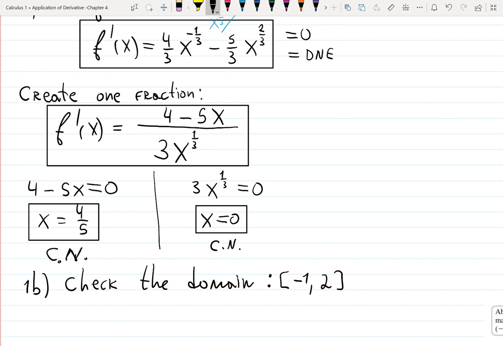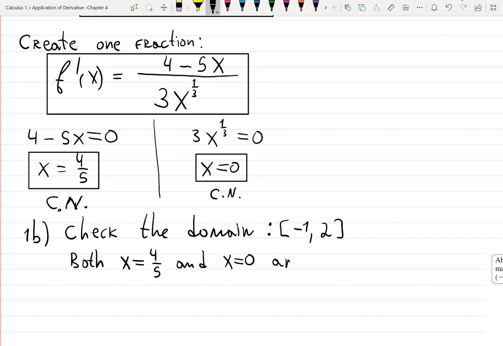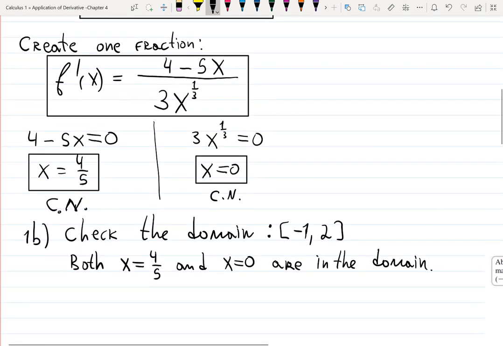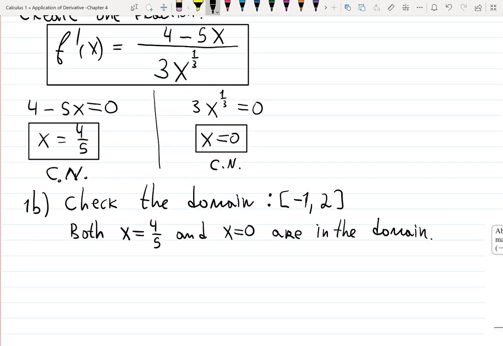So make sure you don't have points outside of the domain. Well, both x equals 4/5 and x equals 0 are in the domain. It makes sense because they are both inside of that interval, and the interval from -1 to 2 is fine. 4/5 is not greater than 2. Nice, so we don't have to cross out anything.